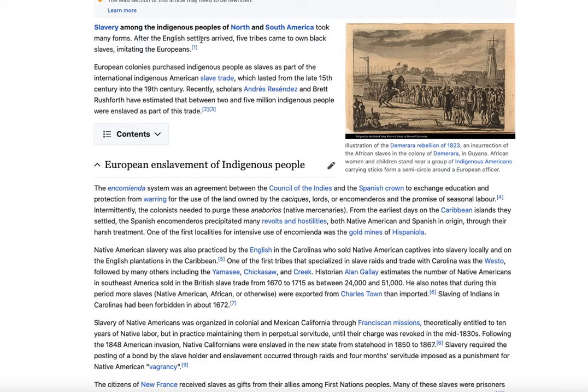So after the English settlers arrived, 5 tribes came to own black slaves. Now, 5 tribes of what? Now, what does this mean? Who are the tribes? We know that the so-called tribes, some of these were put together by foreigners.